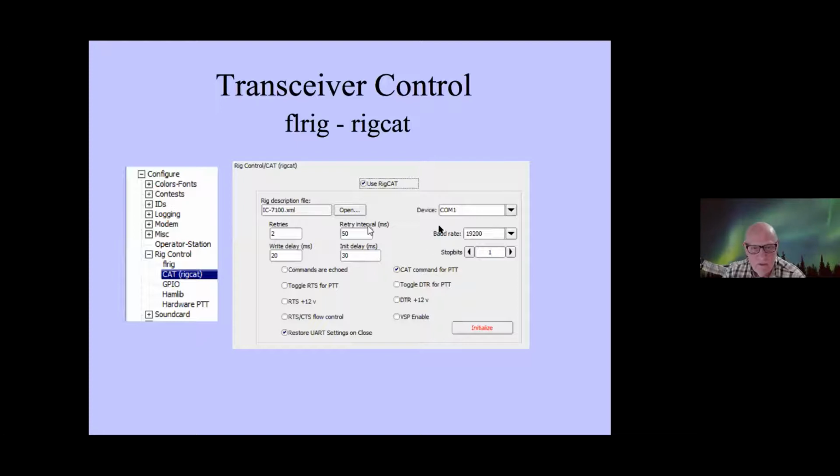So this is what the RigCat interface looks like. A little bit more complicated than FLRig because these type of controls you see here would have been set over on the FLRig side. But basically, you have to have available a rig description file.